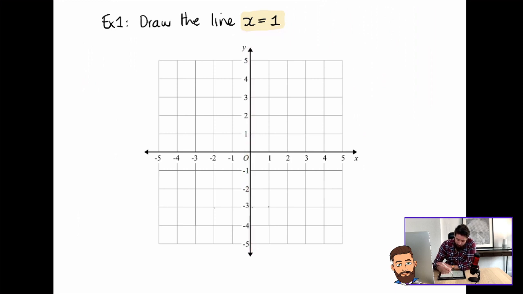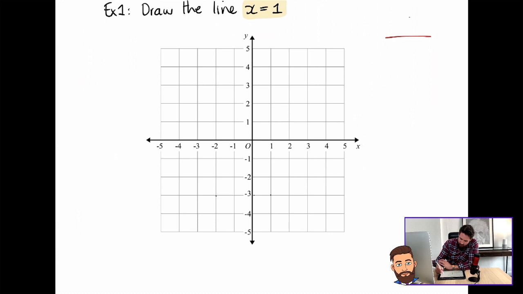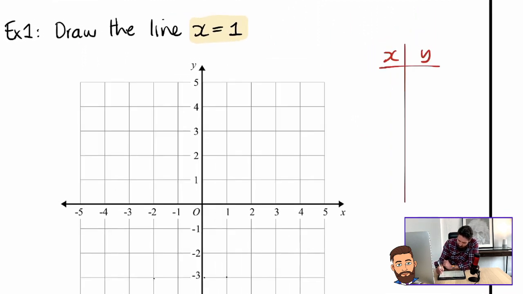So when y is 0, x is 1. When y is 1, x is 1. When y is 2, x is 1. So if we drew a basic coordinate table where we've got x and y, we know that if y was 0, x will always be 1.